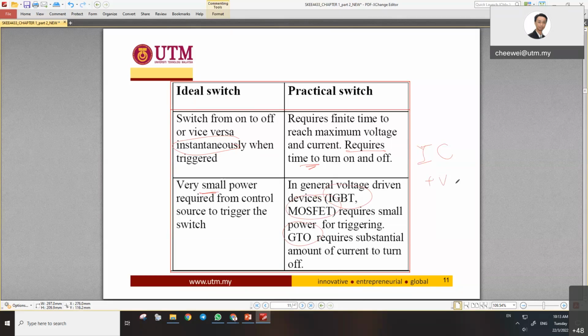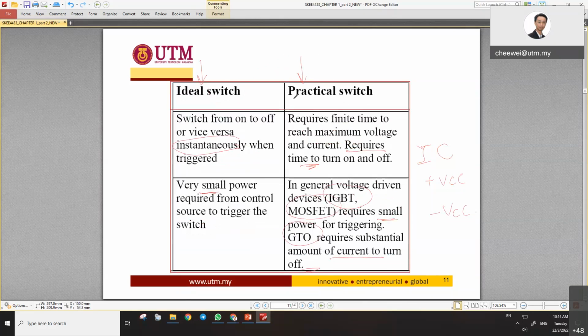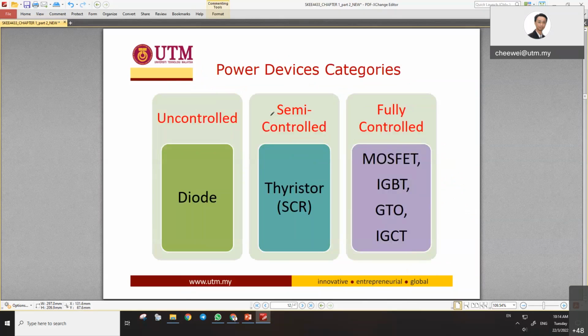You have positive VCC and negative VCC, right? Because it needs to operate. Same thing goes for IGBT, MOSFET, and GTO, etc. It requires small power or different requirement of voltage and current to turn on and to turn off. Good. That is the requirement in practical versus ideal. They are not the same. But the switch operation is to turn on and turn off. Okay, still the same. But the behavior is not the same.